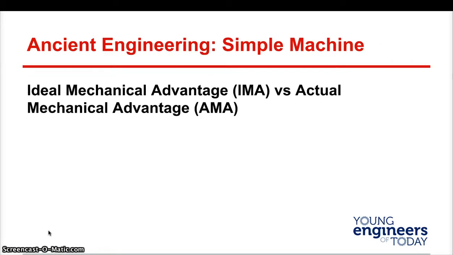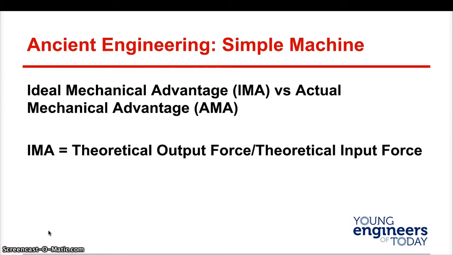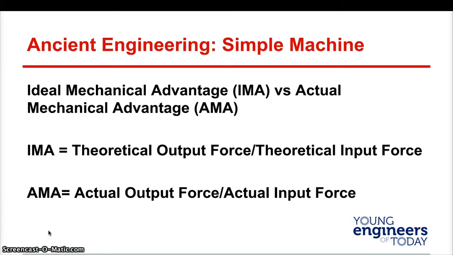Now, let's look at this. We have ideal and actual. Ideal is theoretical output force divided by theoretical input force. But it's not that simple. We have actual output force and actual input force. This is why.